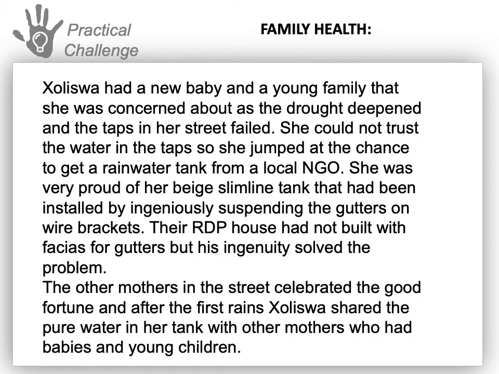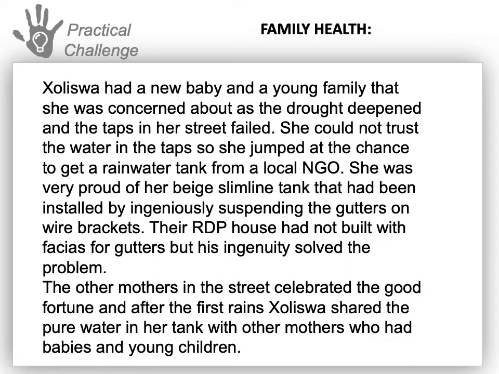Poliswa had a new baby and a young family that she was concerned about as the drought deepened and the taps in her street failed. She could not trust the water in the taps, so she jumped at the chance to get a rainwater tank from a local NGO. She was very proud of her beige slimline tank that had been installed by ingeniously suspending the gutters on wire brackets.